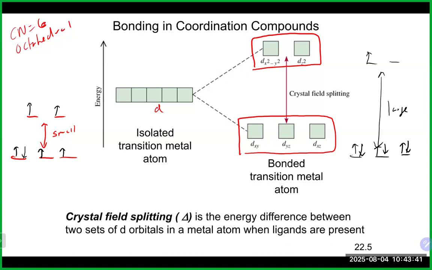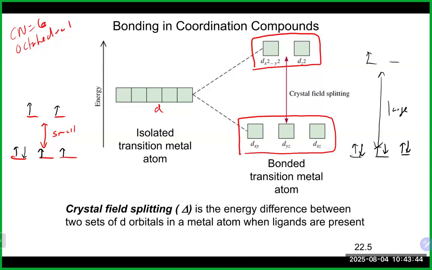And the result of this is that it will give some complex ions what is sometimes referred to as a different sort of spin. You could either have high spin or low spin complexes, and that's based on how many unpaired electrons you have. A very common question asked on these is, how many unpaired electrons would this complex ion have?